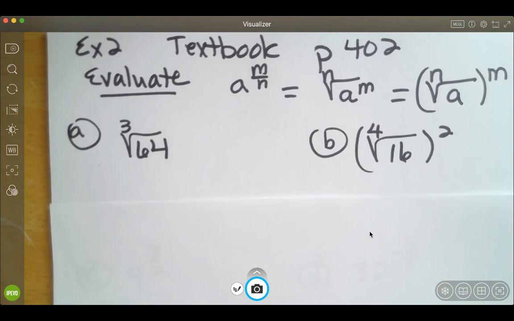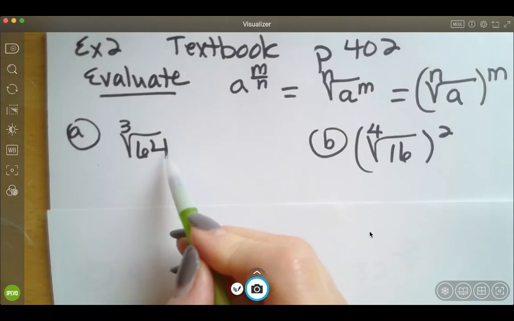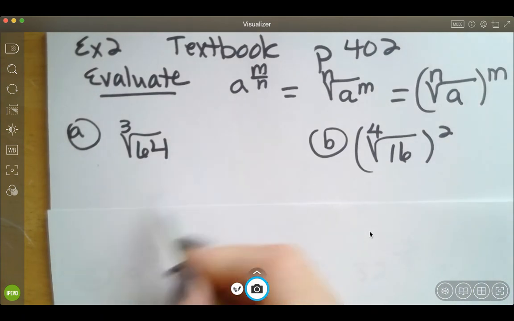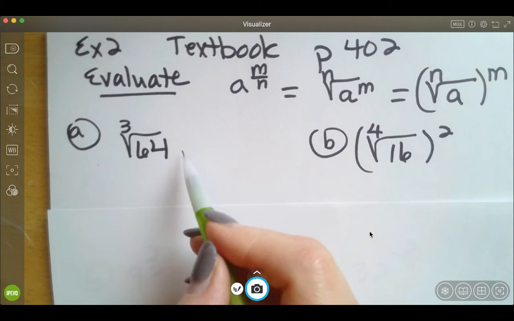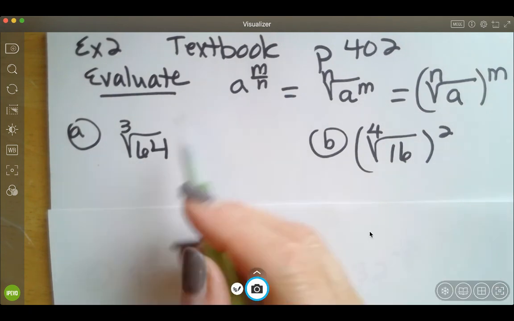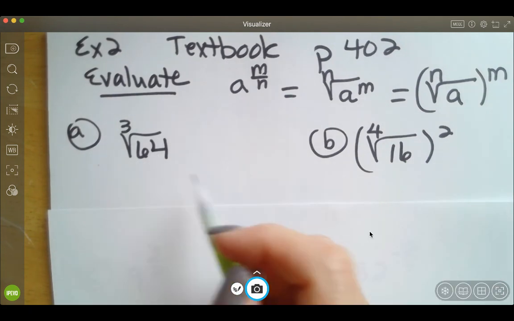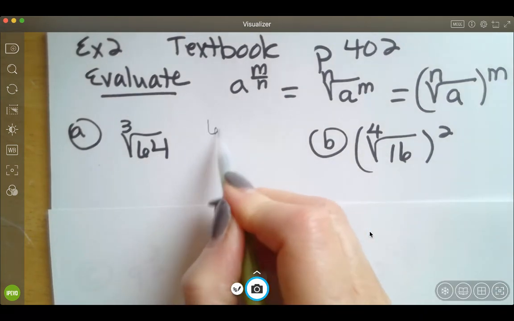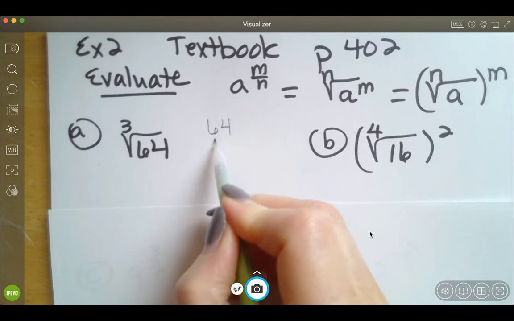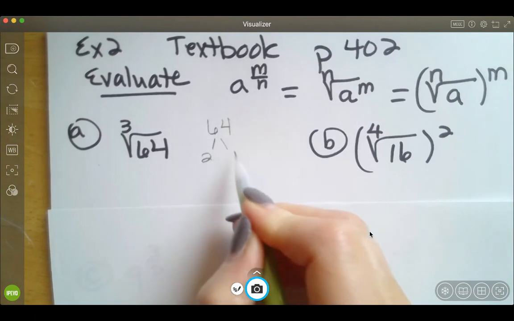So if we're looking for the cube root of 64, we want to know what times itself 3 times is equal to 64. And we know how to prime factor. And I normally did it this way, if you recall.